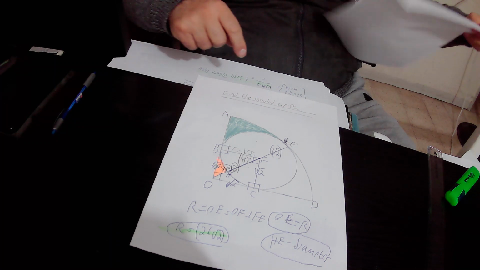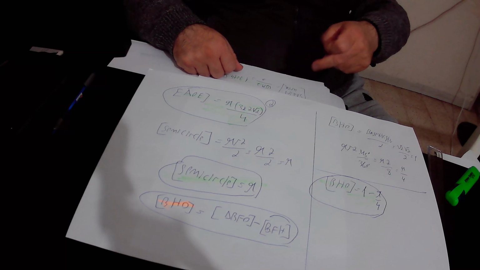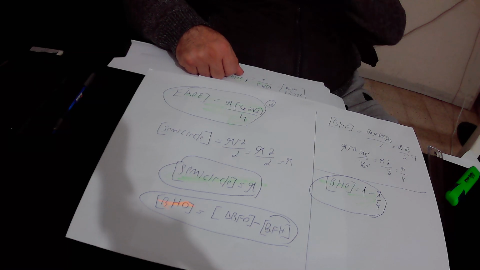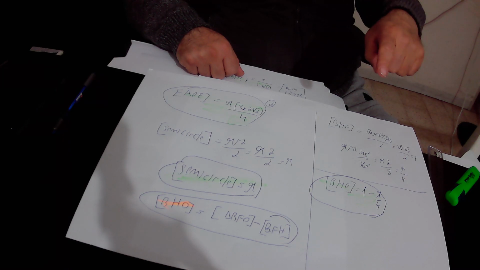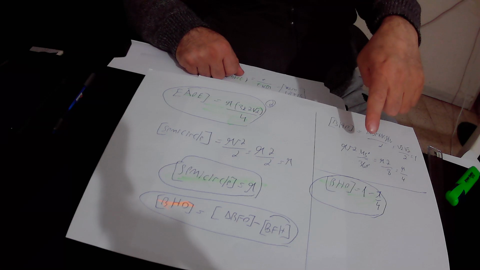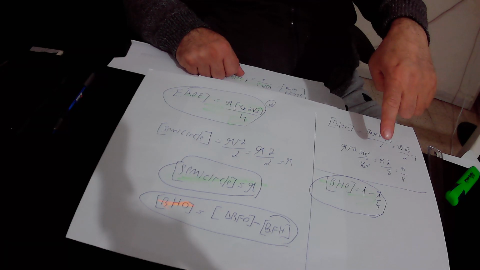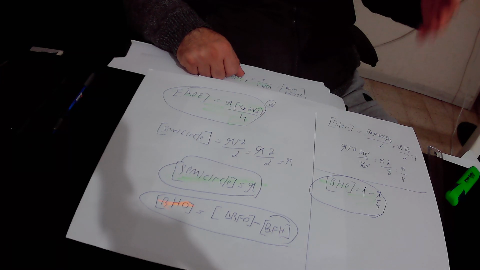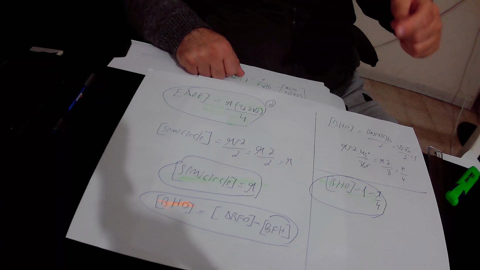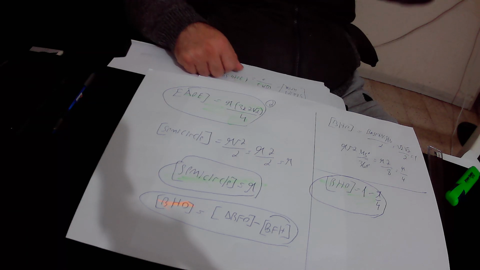Therefore, in total, the area of the orange shape BHO equals the area of triangle BFO, that is 1, minus the area of the small sector BFH, that is pi over 4 square units. So in total, the area of the orange shape BHO equals 1 minus pi over 4 square units.